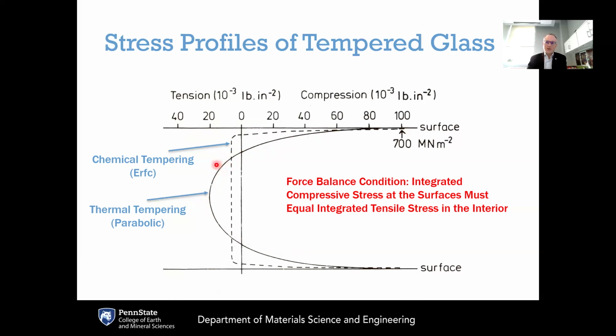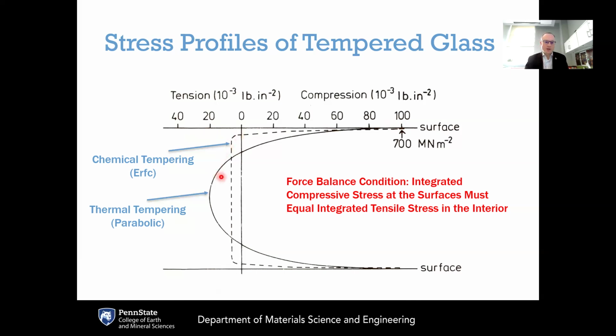With chemical tempering, and I'll get into more details about this later in the lecture, the stress profile follows a complementary error function shape, and this leads to a higher compressive stress at the surface, but a shallower depth of layer. So when comparing chemical tempering to thermal tempering, chemical tempering gives you a greater magnitude of compressive stress at the surface, but the compressive stress layer is not as deep as thermal tempering. And so there's some trade-offs there in deciding whether to use chemical tempering or thermal tempering.